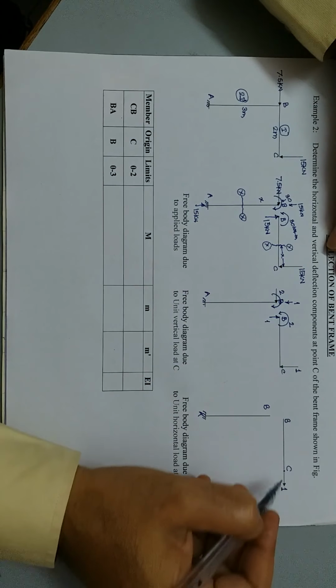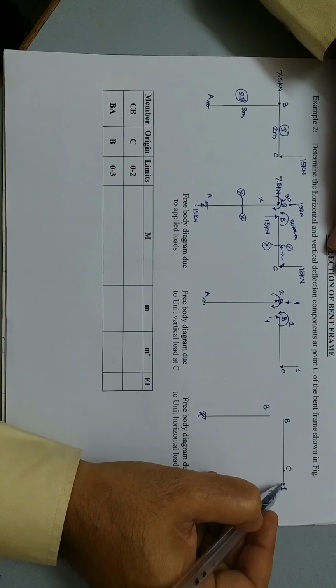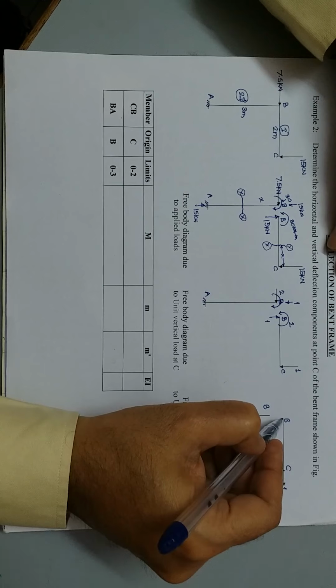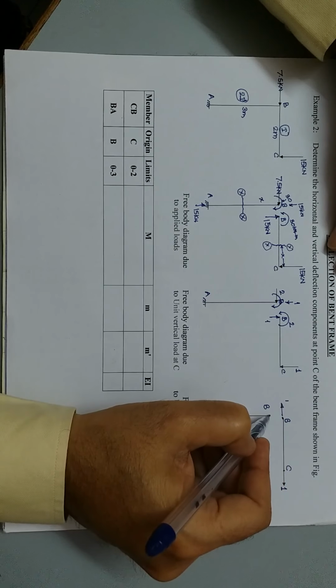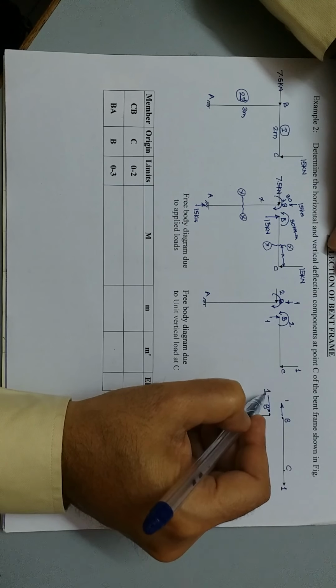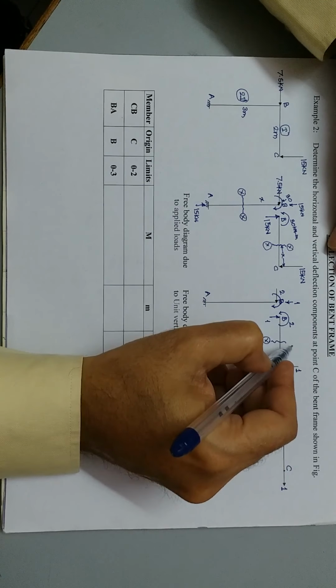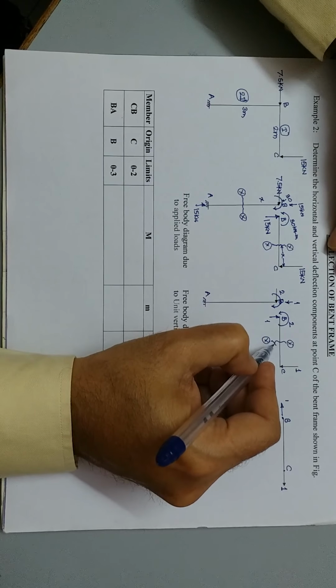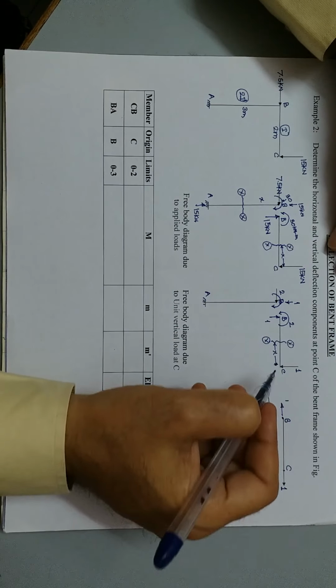To find the horizontal deflection at C, apply a unit horizontal load at C. The reaction at B will be 1, and the reaction on the frame, the column, will be 1 towards the right. So here also at any section XX, distance x from C, the moment will be minus 1 into x.